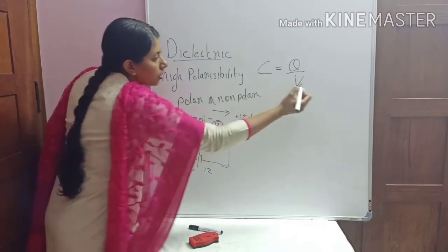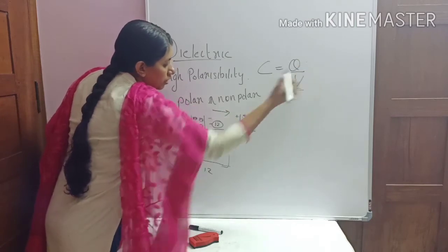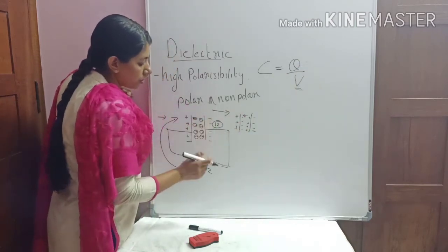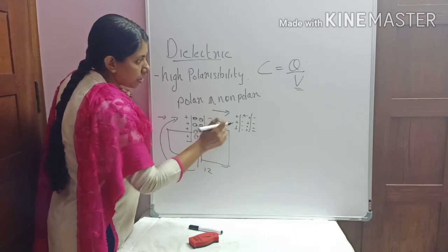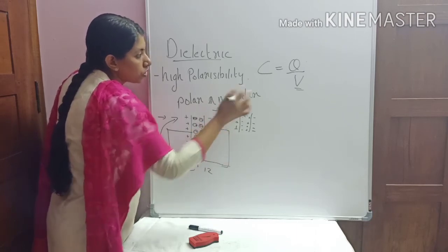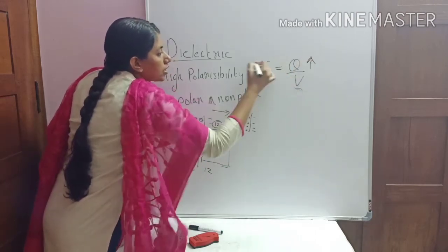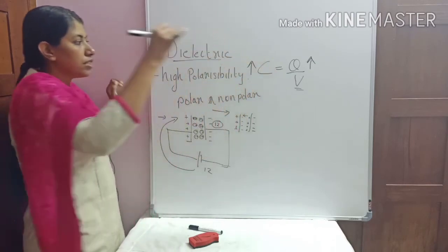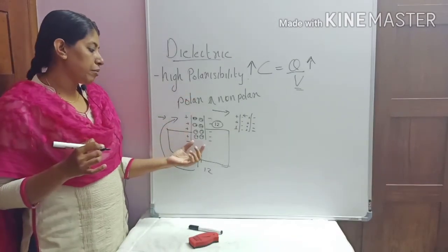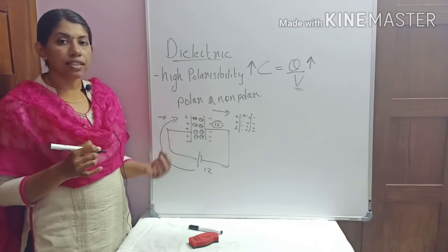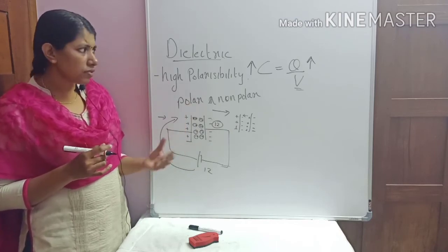So the voltage value remains constant. But while trying to maintain the voltage at this value, it is depositing more charge. Therefore charge is increasing and capacitance will increase. Therefore placing a dielectric between the capacitor plates increases the capacitance.